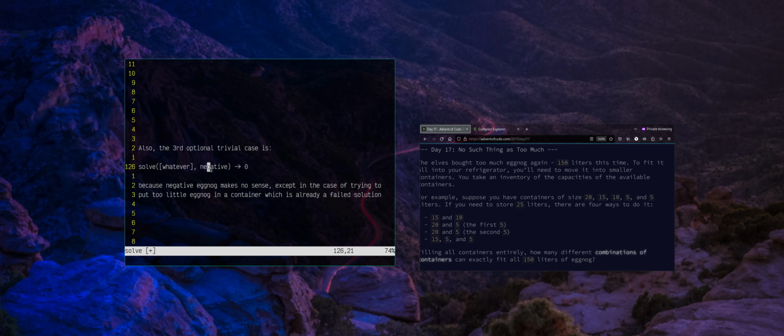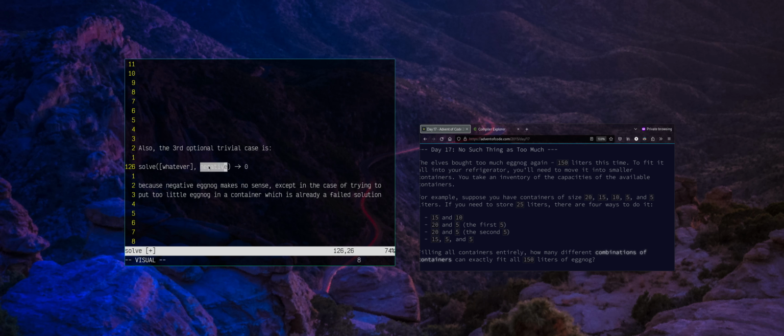was, and that was if we have negative eggnog. That means we don't have a solution. I mean, theoretically, if you had containers that you could fill with anti-eggnog, and so you could have negative containers or negative valued containers, then you wouldn't be able to do this, but we won't be given a negative sized container.